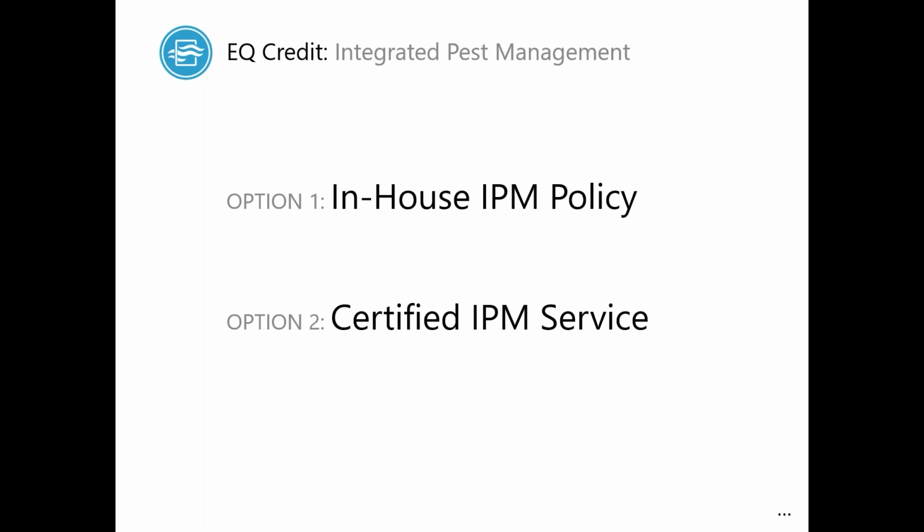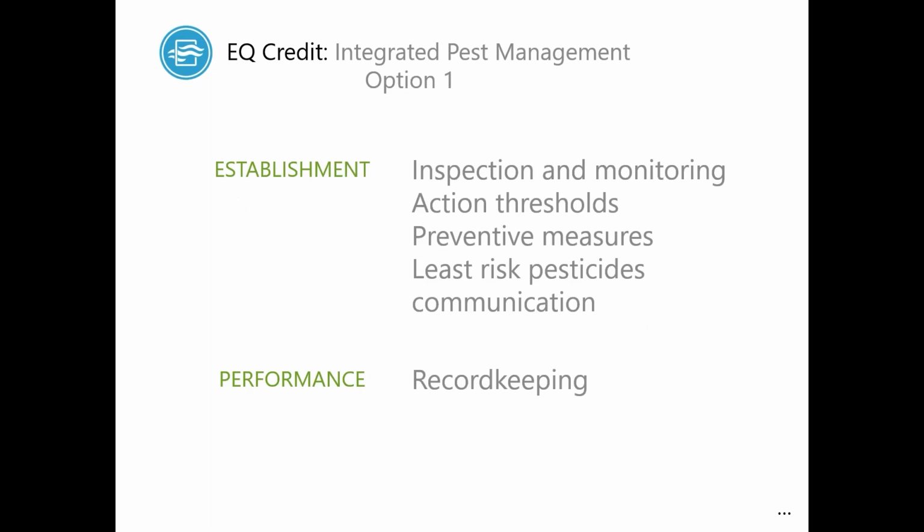The second option is contracting your pest control service out to an integrated pest management service that has achieved a particular certification, meaning that pest control company is certified as a green pest control or integrated pest management service company. So both of those options exist and are available.